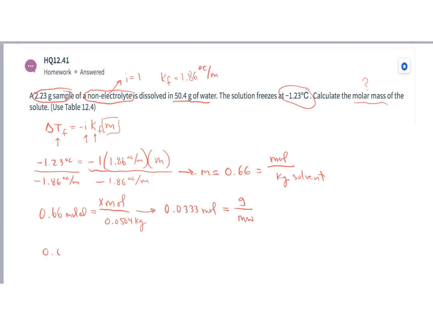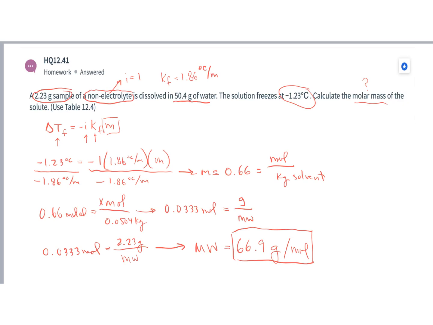So again, I've got 0.0333 moles equals 2.23 grams over the molecular weight. I don't know the molecular weight; that's my unknown. So I'll multiply, then divide across, and I should get a molecular weight of this unknown of approximately 66.9 grams per mole.